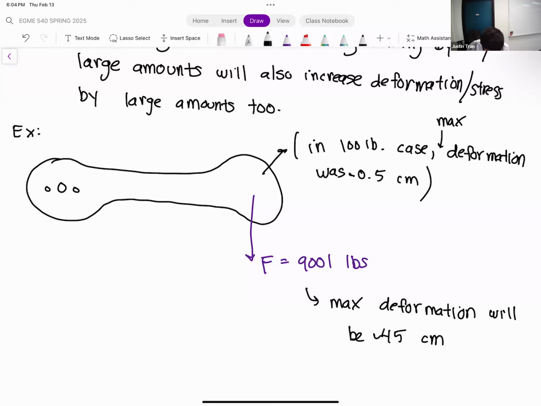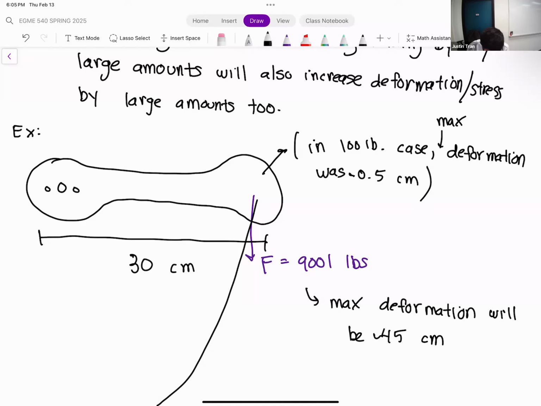But if the overall length of this bike crank was, I don't know, let's say it's just 30 centimeters, a foot long, having a deformation of 45 centimeters doesn't really make a lot of sense, because that means that this part right here is deforming down to multiple lengths, actually over 50% of the length of this bike crank, which doesn't really make sense, right?